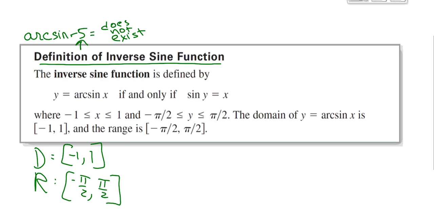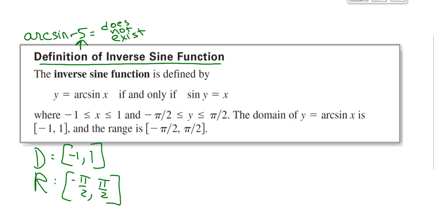The only other thing I'll comment on is that because sine is defined at negative pi over 2 and pi over 2, they're included. When we do tangent later on, it has asymptotes at the endpoints, so those will be undefined. So right now, it's not really something that we'll be using.